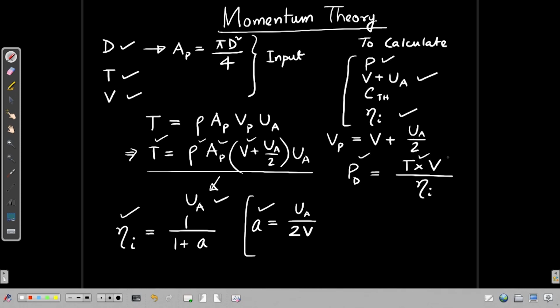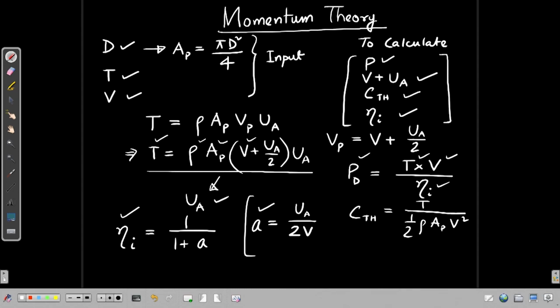We know all these terms T, V and eta I. So, P can be calculated and finally, the thrust loading coefficient CTH can be computed as T by half rho area of the disc into V square. In this way, all the terms can be calculated for this problem.